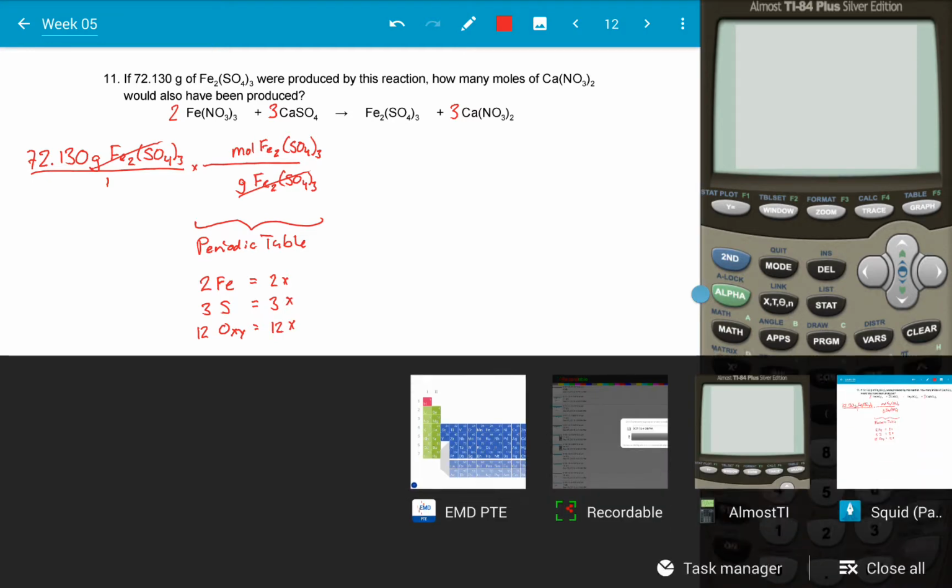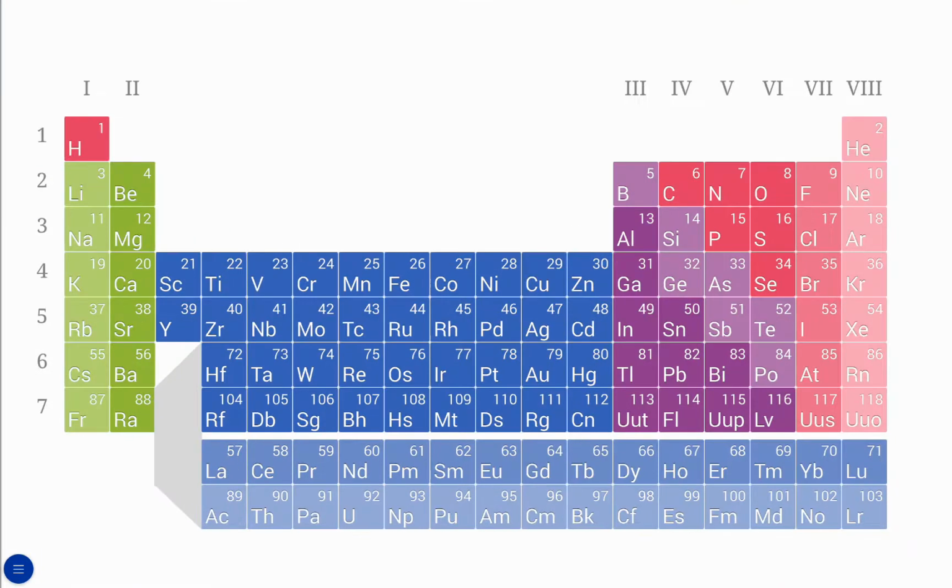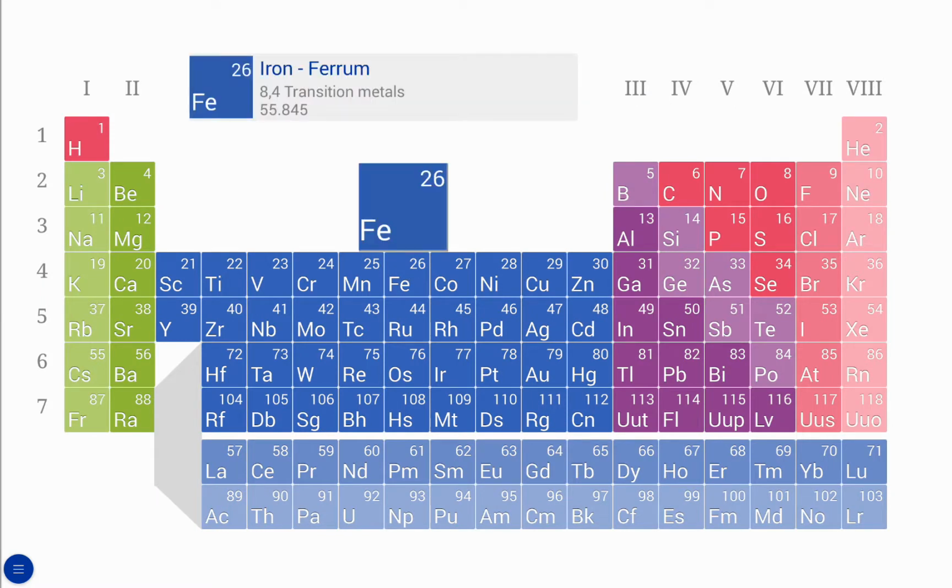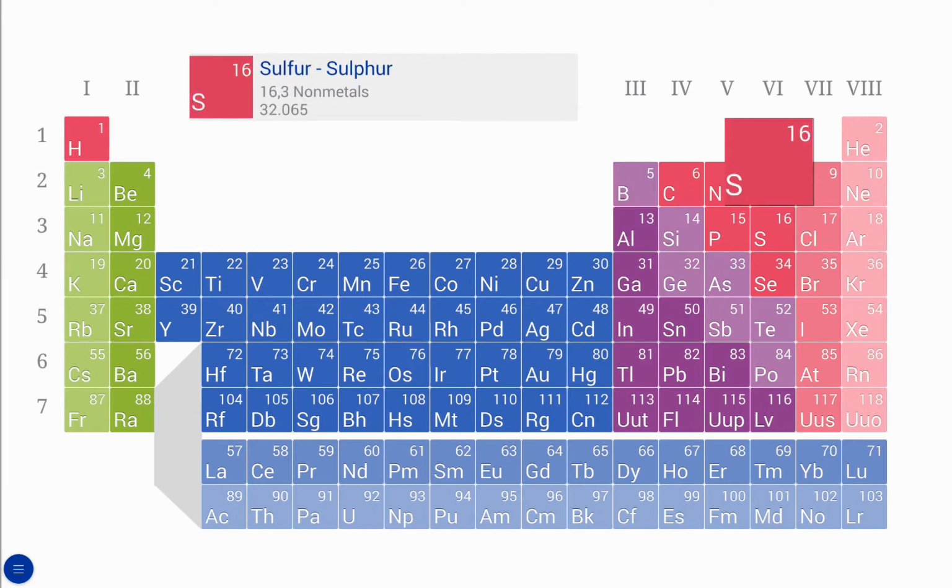So if we go to our periodic table, and I look at my iron, I can see that it has a weight of 55.845, or for this class, we can just round it to 56, and we'll be fine. Sulfur has a weight of 32, and the oxygen has a weight of 16.